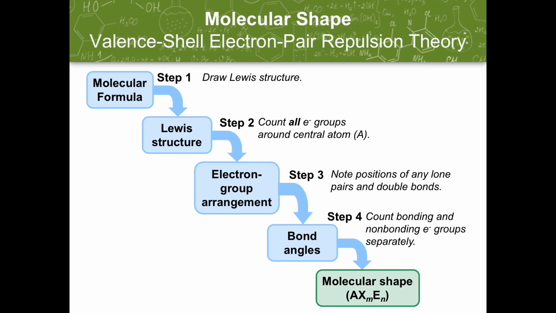So when we have done these steps, we can now identify the molecular shape based on the general formula that we had, which is AXmEn, where again, m and n are integers, while A is the central atom, X would be the bonding atoms or the surrounding atoms, while E would be the lone pair of electrons.